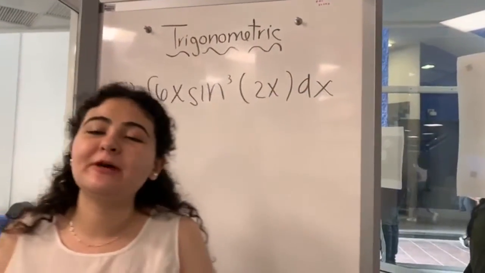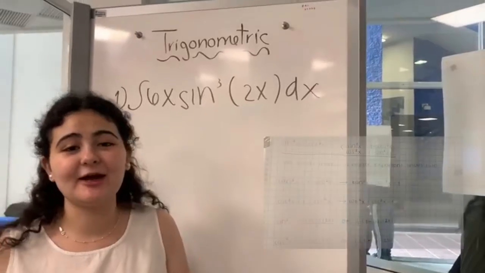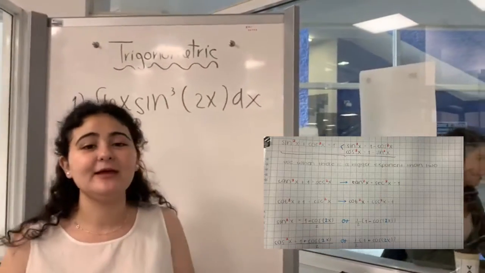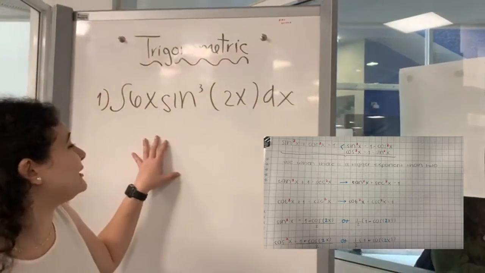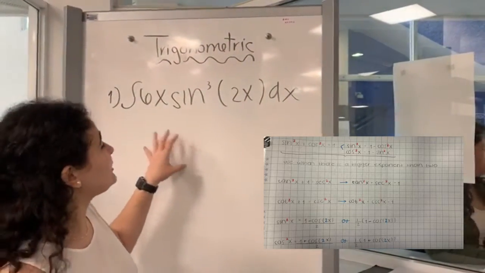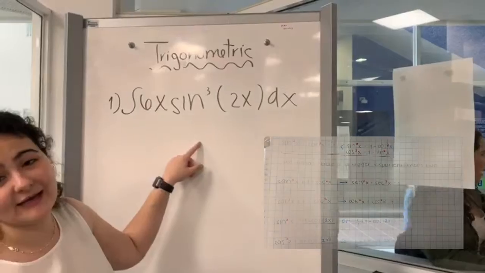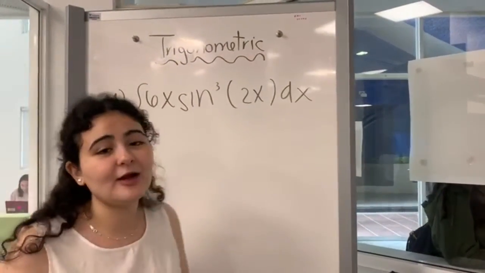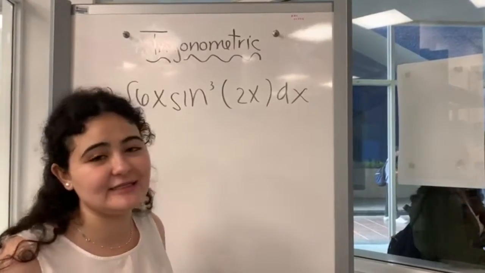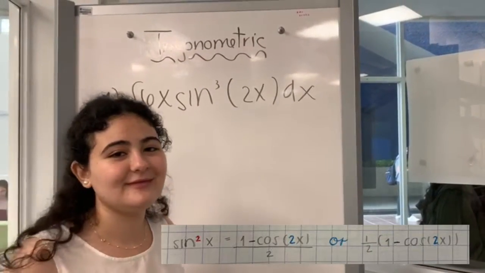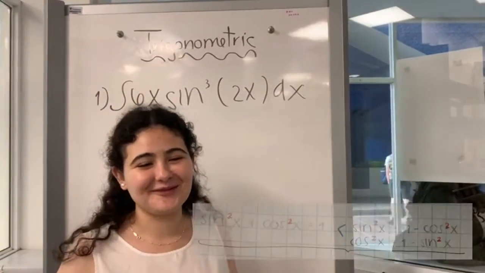So we must remember that when we talk about identities, there are a lot of identities that we can choose from, but looking at our problem, we know that we're going to use the one that has a sine involved in it. So there are two options that we can use. This one or that one.